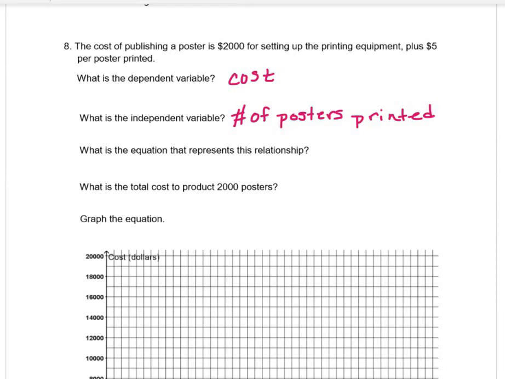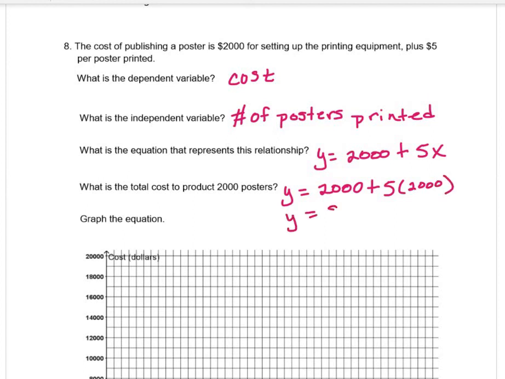And the equation is going to be $2,000 for the initial setup plus $5 per poster. And what is the total cost to produce 2,000 posters? It's going to be found by taking this equation and putting 2,000 in place of that x. So I'm going to get the cost to be $12,000.